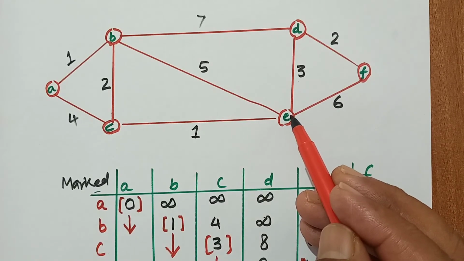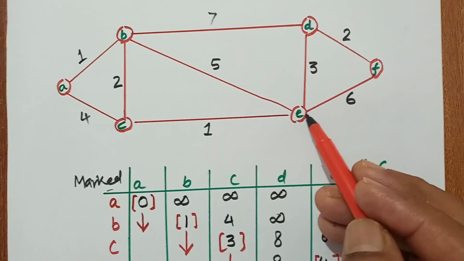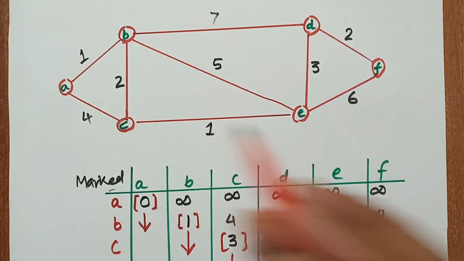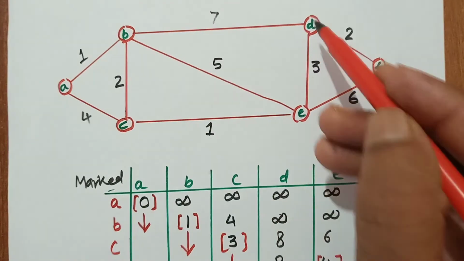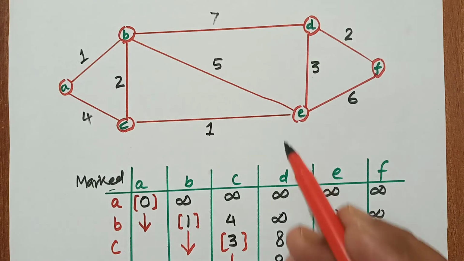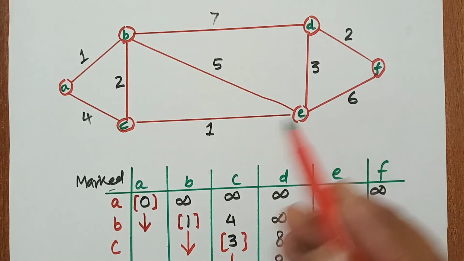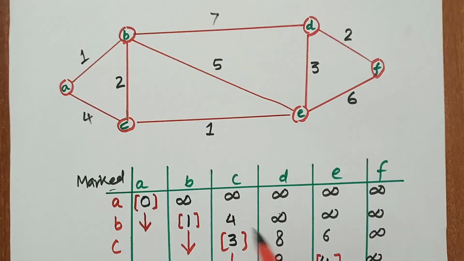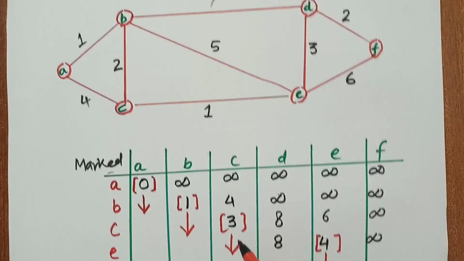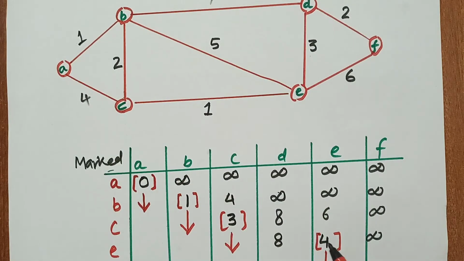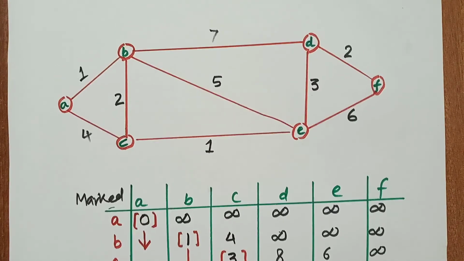How many vertices direct connected to E? So C, B, D and F. But no need to touch C, B because C has completed, B has completed. Now we need D. So what is the formula?